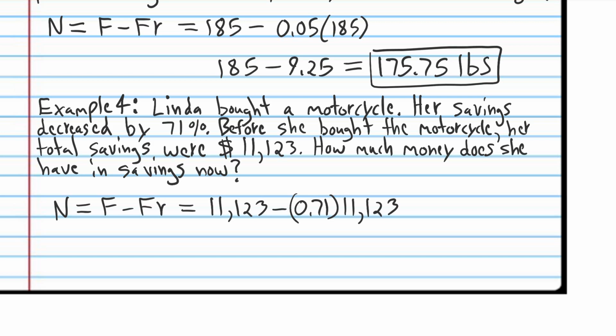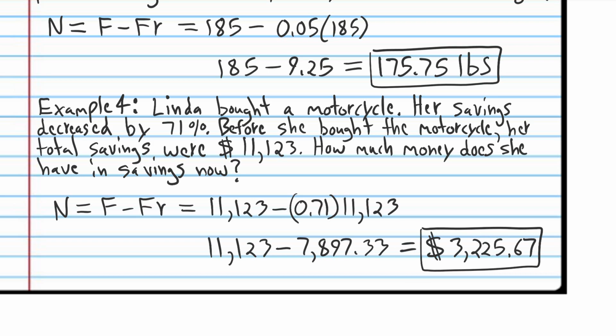So 11,123 times 0.71. And we get, now we're going to have to put dollars here, 3,225.67.